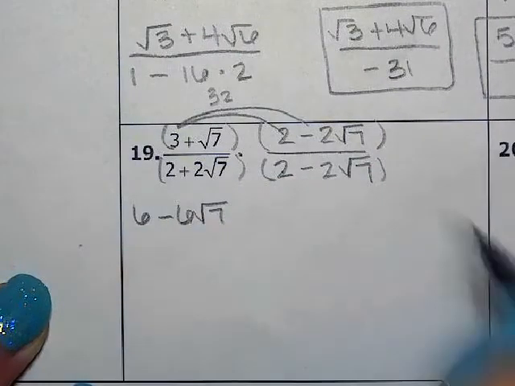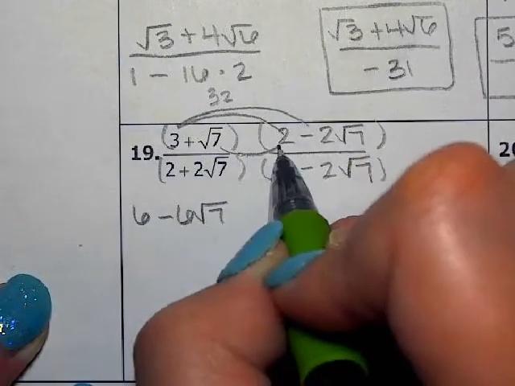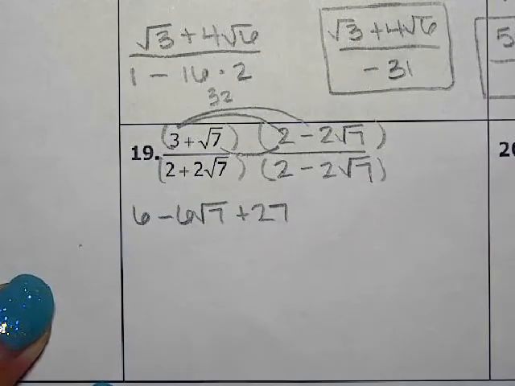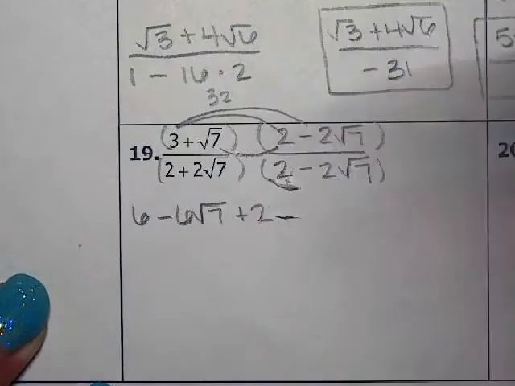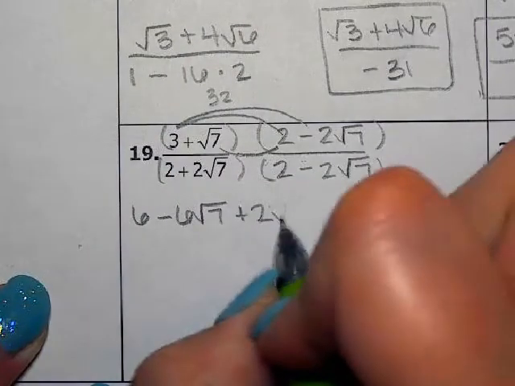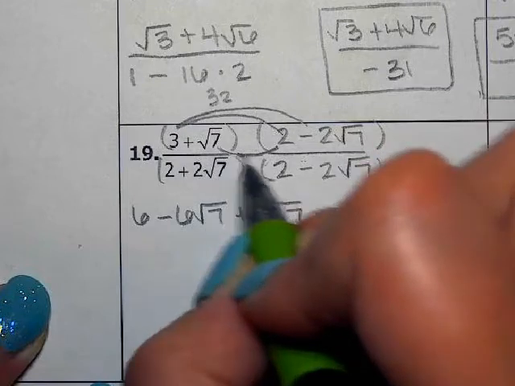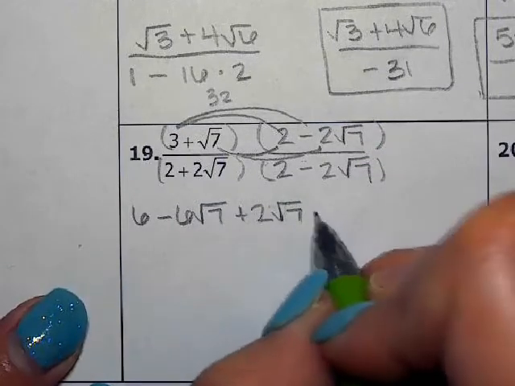Alright, root 7 times 2 plus 2 root 7. Oh, that's kind of interesting. We got some like terms in this one. And then positive root 7 times negative 2 root 7 is negative 2 root 49.